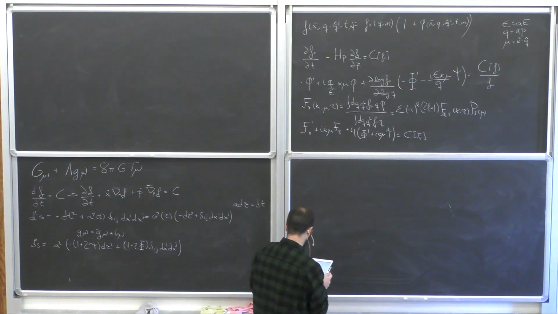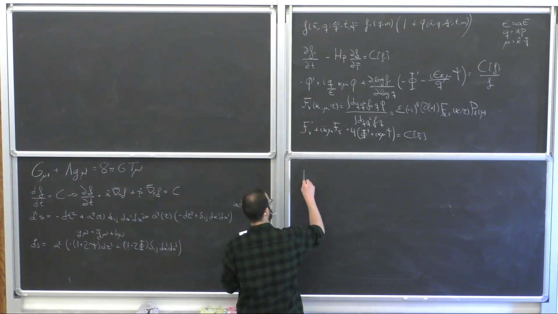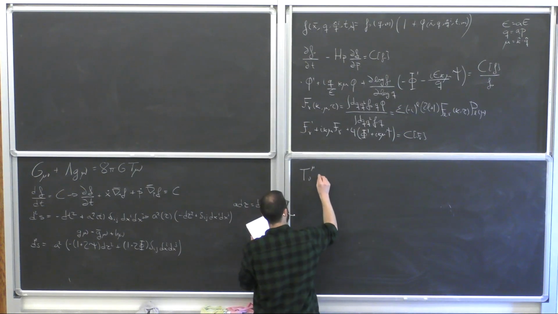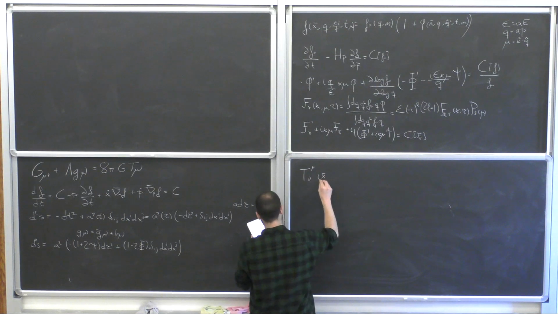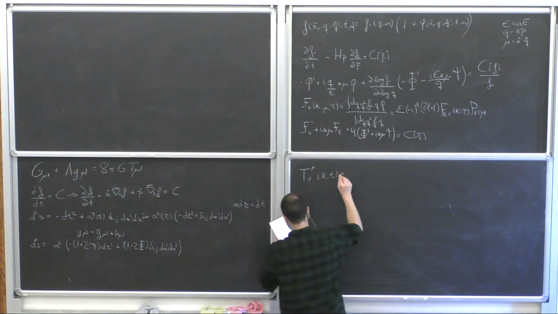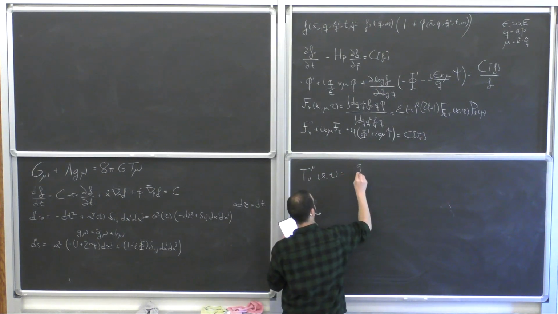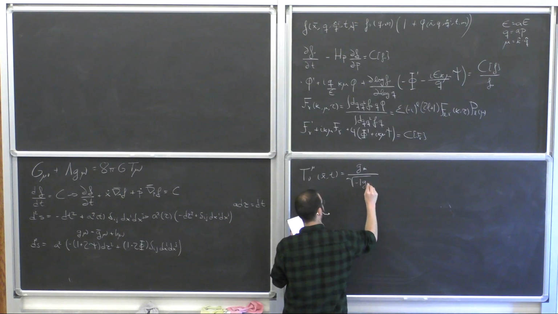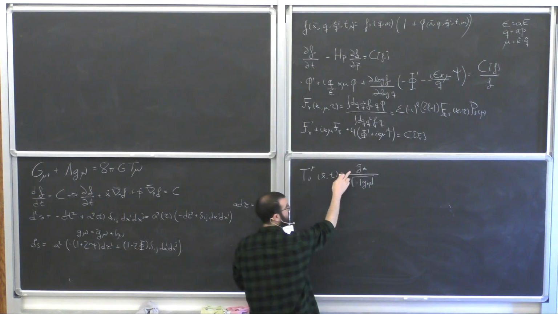So basically, at the end of the day, we have that the energy stress tensor is given by this prefactor that accounts for the number of degrees of freedom that we have.